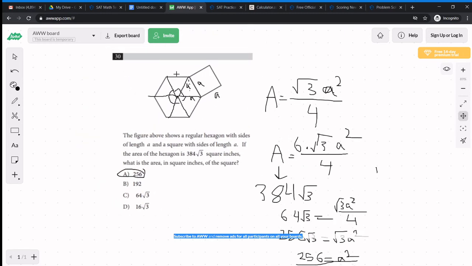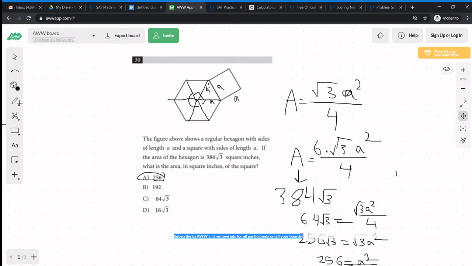So it's important to note here, whenever you're dealing with the hexagon, it's just 6 equilateral triangles. You can use this formula for the area of a regular hexagon: area equals 6 times square root of 3 a squared over 4. This is one of the few formulas you actually need to know, because it's one that the SAT expects you to figure out if you don't.